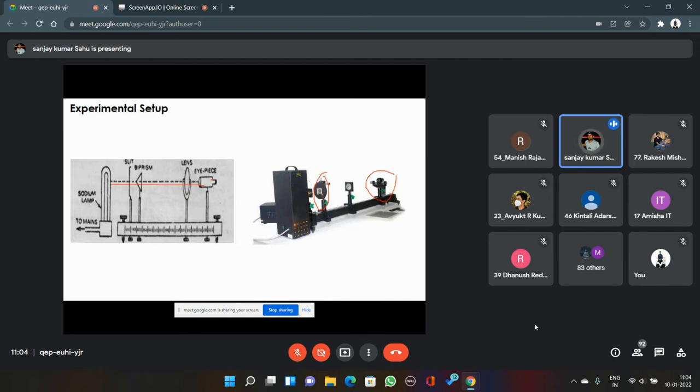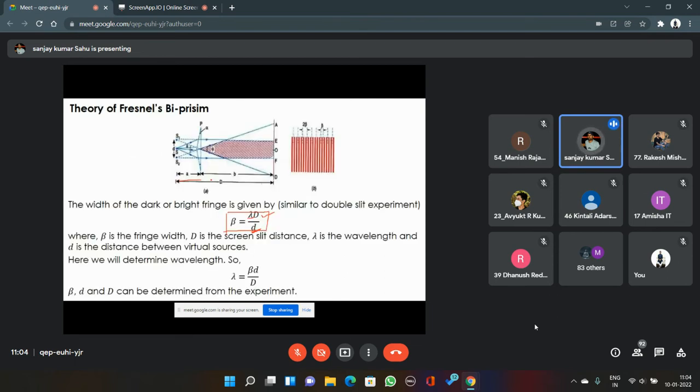First of all, by using some leveling method, you have to level the entire optical bench. After leveling, only then can you see the fringe pattern. Now using this experiment, you can also find out the wavelength of an unknown light source. You generate a fringe pattern using that unknown light source, then measure the fringe width using the microscope. The microscope over the optical bench can be moved horizontally and vertically.